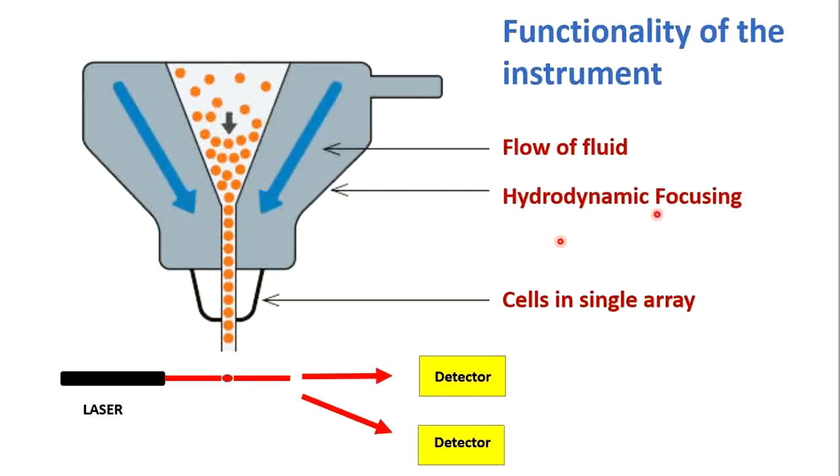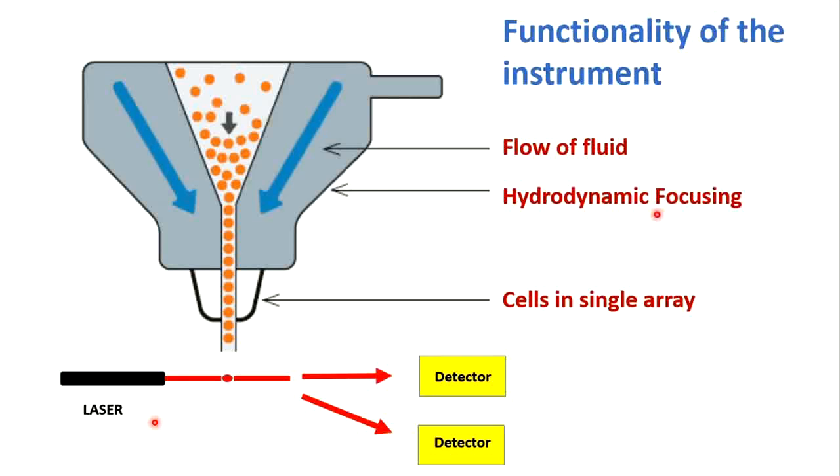So what is hydrodynamic focusing? You take the suspension, you pressurize the suspension from both sides, and then ultimately you get a single array of cells where cells are passing one by one through this tube. Then finally the single cell comes to a stage where it is interacting with a laser, or you can say it is interacting with light.